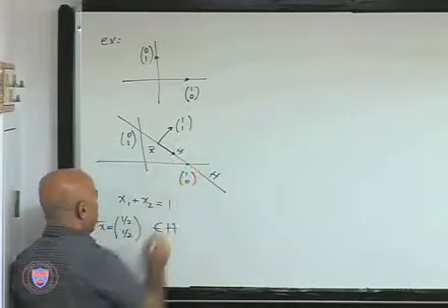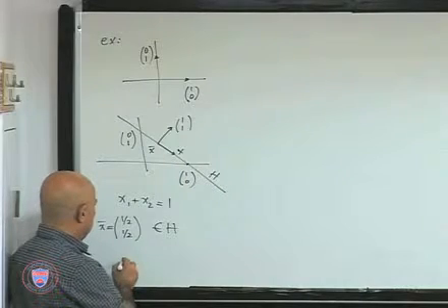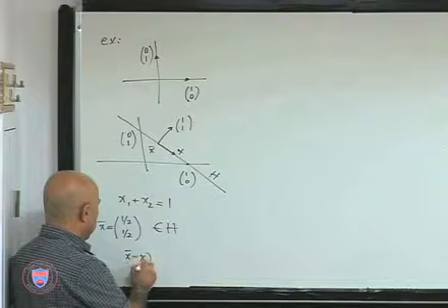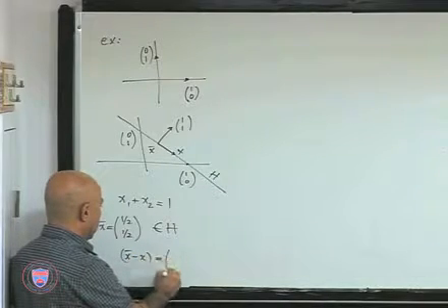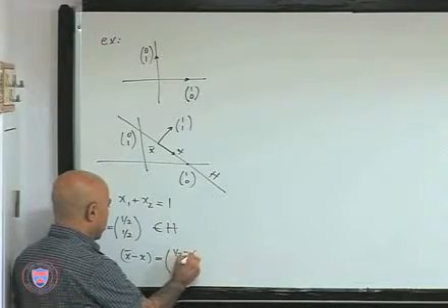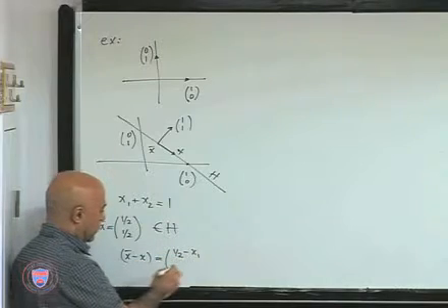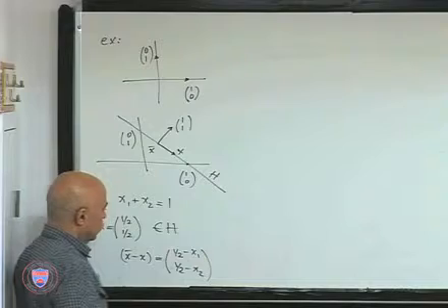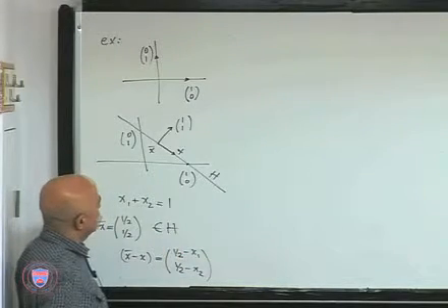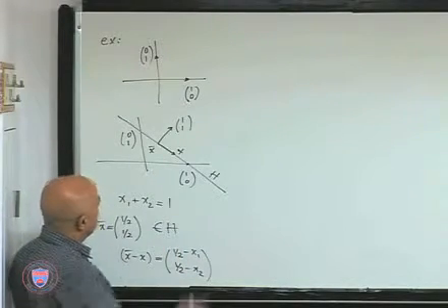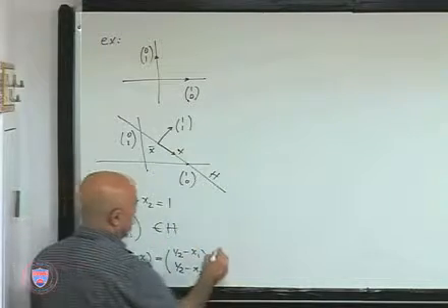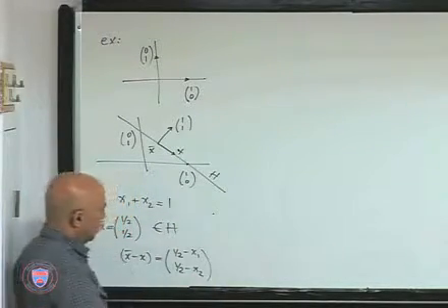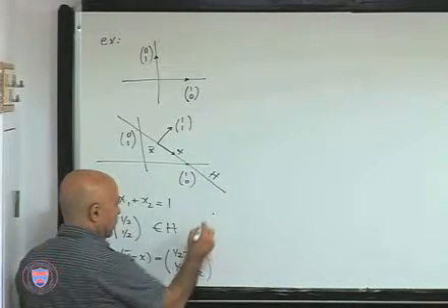This is a point x. So if you look at x bar minus x, we get 1/2 minus x1, which is the first component of x, and 1/2 minus x2. Is this orthogonal to 1, 1? Well, let's just try. It is.